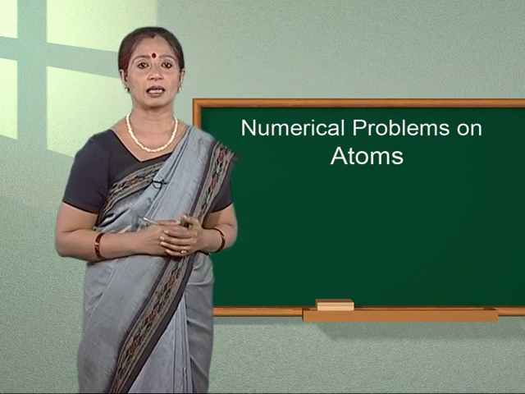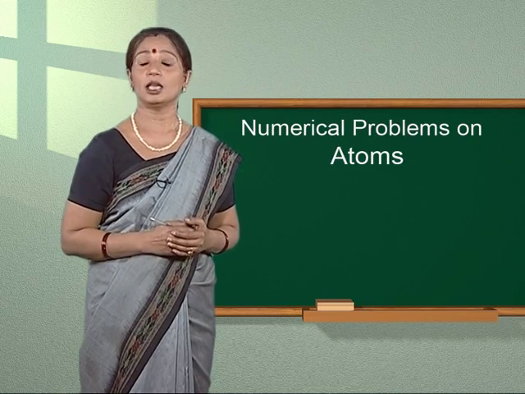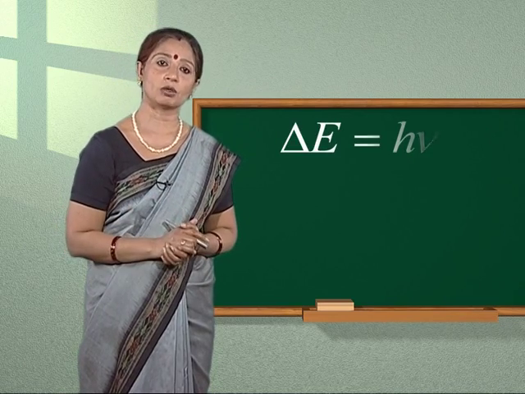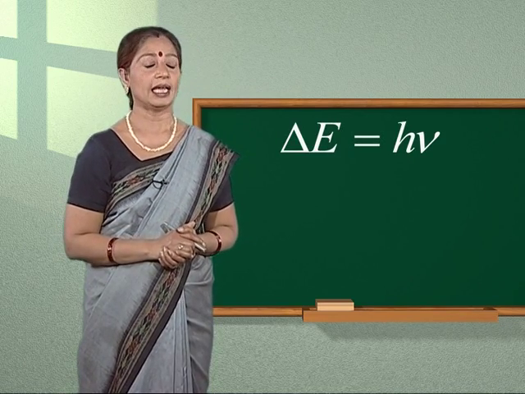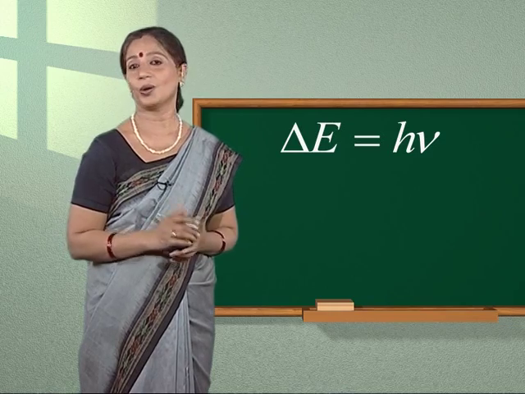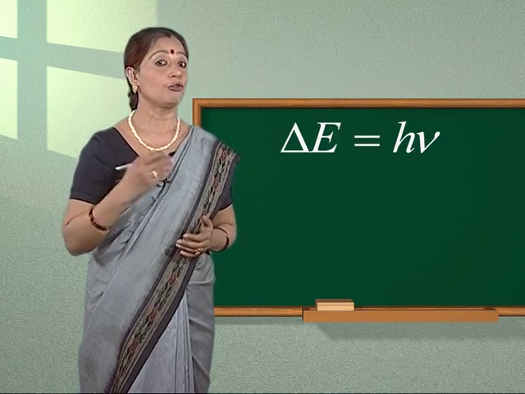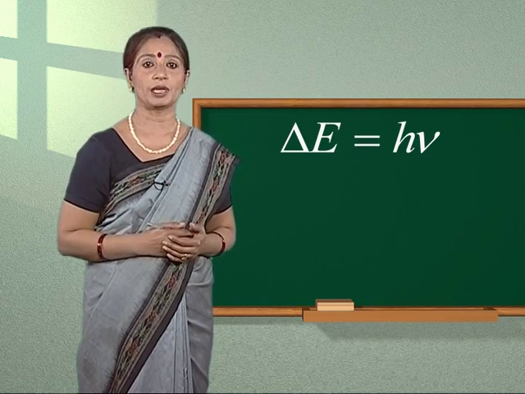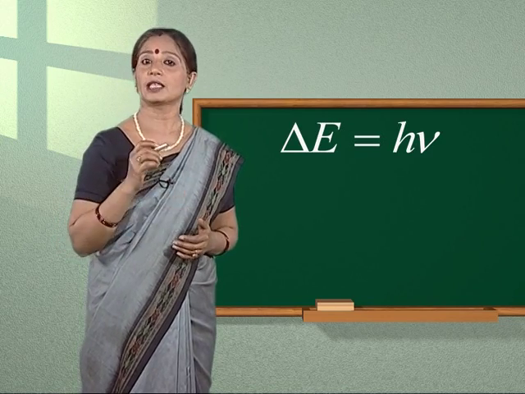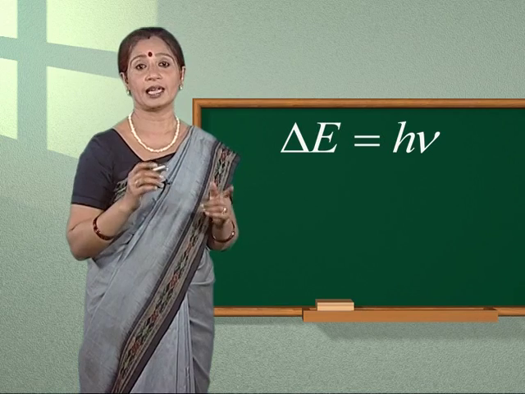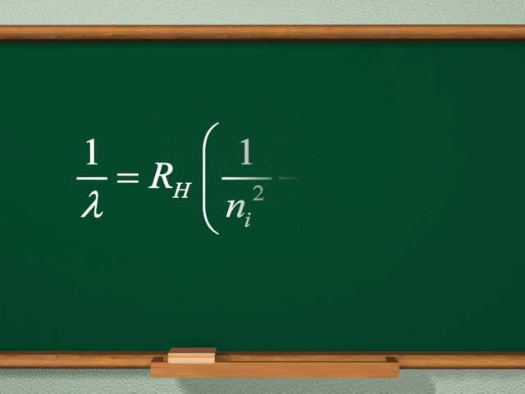According to the Planck's equation, energy of a photon is equal to h nu or hc by lambda. When an electron falls or jumps from an orbit to another orbit, it emits or absorbs a radiation whose wave number is equal to the product of Rydberg's constant RH and the difference of the square of the reciprocal of the orbit numbers.